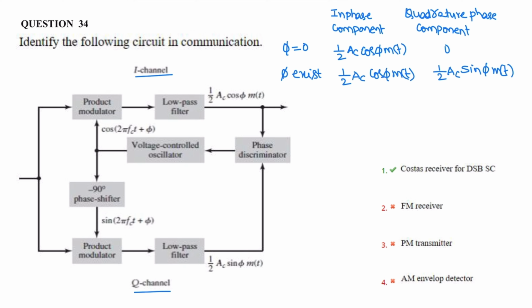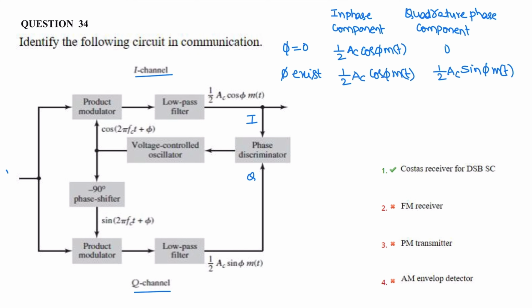By combining the I channel and Q channel outputs in the phase discriminator, a DC control signal is obtained, which automatically corrects for local oscillator phase errors.